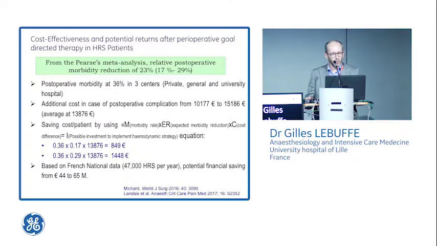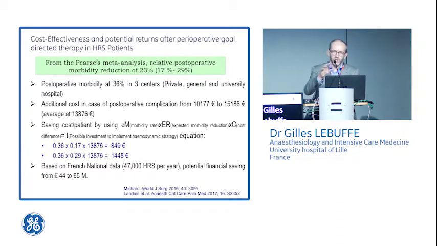So if we use this equation with the 36% morbidity, we can observe a significant decrease of postoperative complications. So low range 0.17, high range 0.3, and we multiply by the additional cost. And so you can observe that we can save money, from 800 euros to 500 euros per patient.